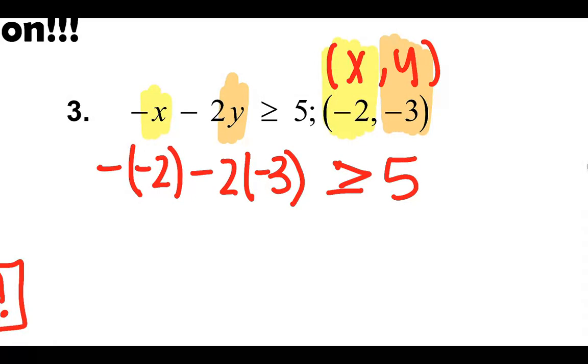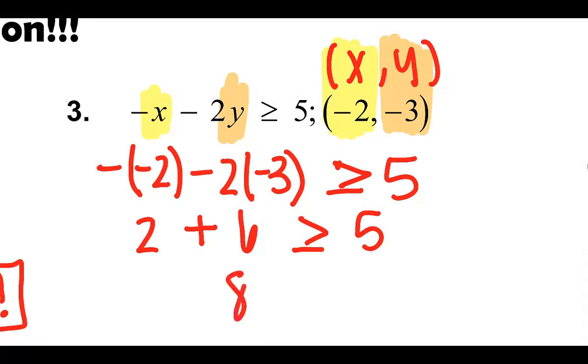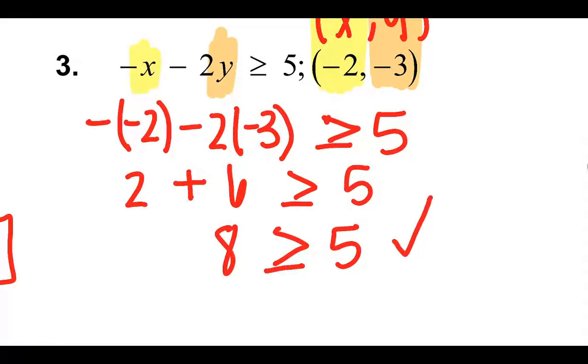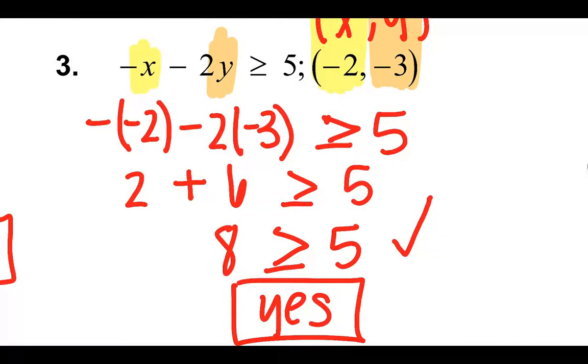Well, negative times negative 2 is just a positive 2. Negative 2 times negative 3 is positive 6. So 2 plus 6 is 8, and 8 is greater than or equal to 5. So this works. Yes, that one works.